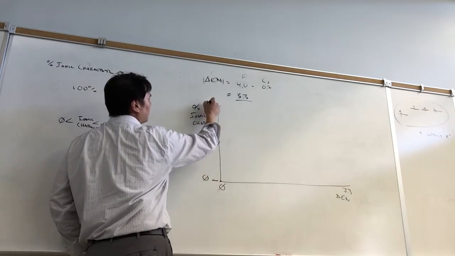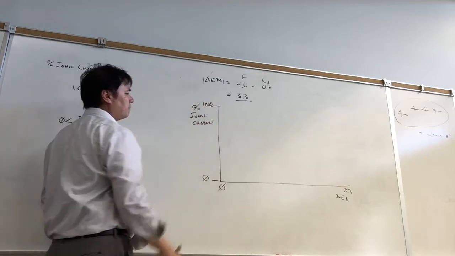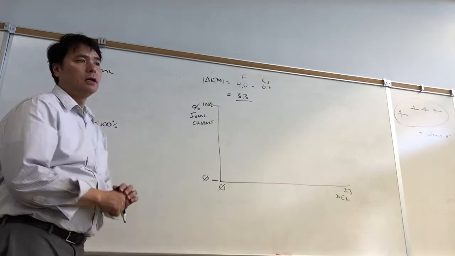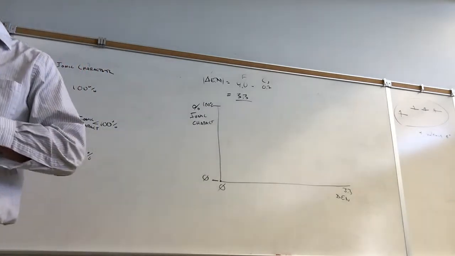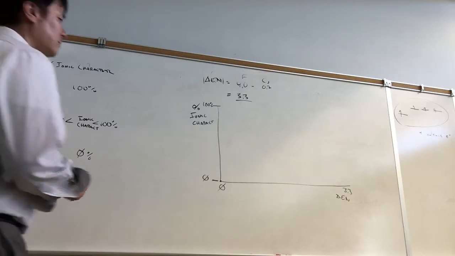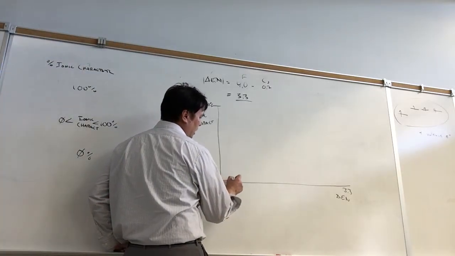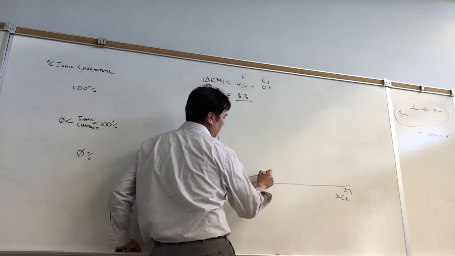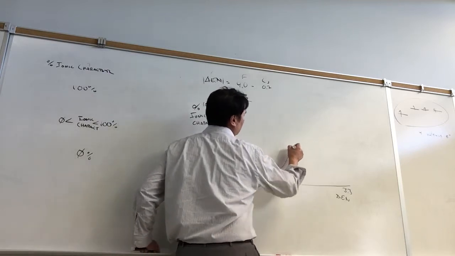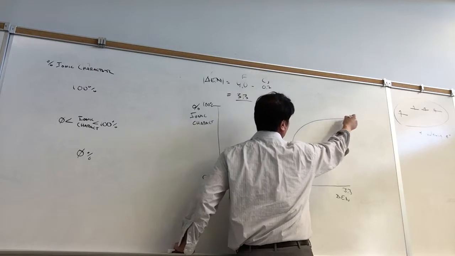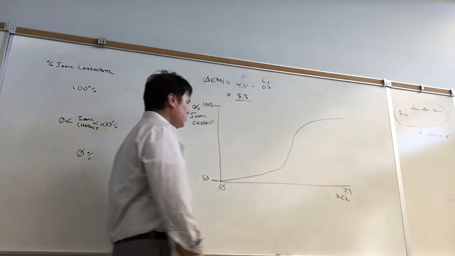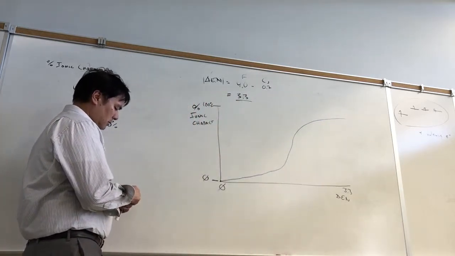And then we'll cop out at 100 here. And so we'll take a look at the trend for this. The trend is going to be something like this, where as the difference in electronegativity increases, so does the percent ionic character, and then it tops out here. This will be the trend line for this.